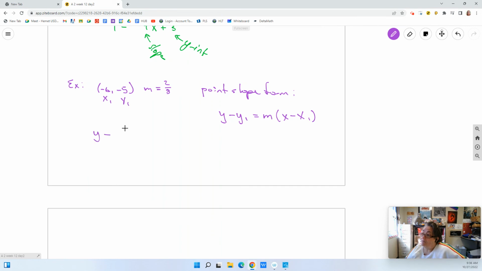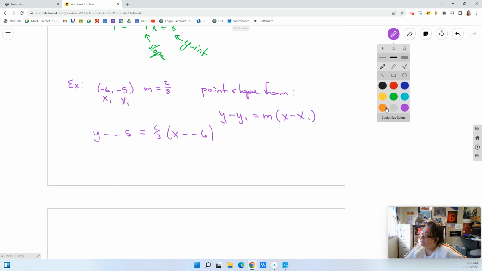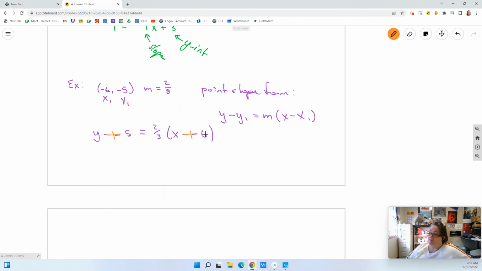I have y minus y1. Well, that's minus 5 equals m. Well, that's 2/3 times x minus x1. Well, that's negative 6. Immediately when I look at this, I can go, okay, so this becomes plus 5, this becomes plus 6, because I have the negatives together, right?